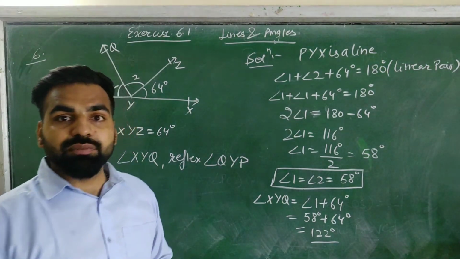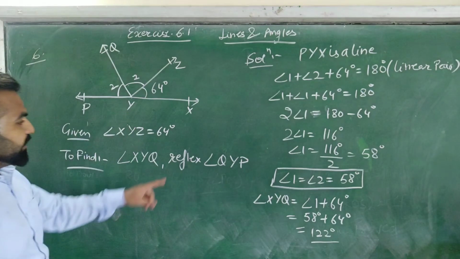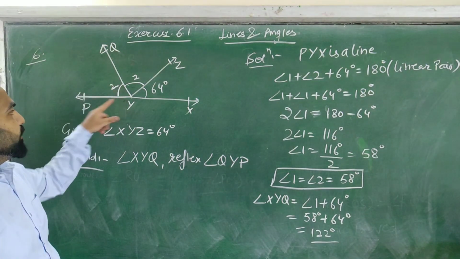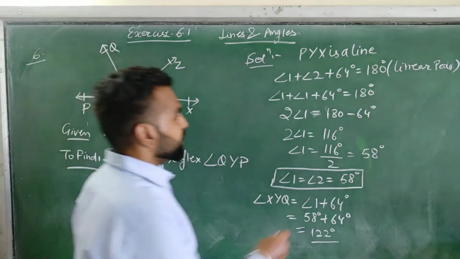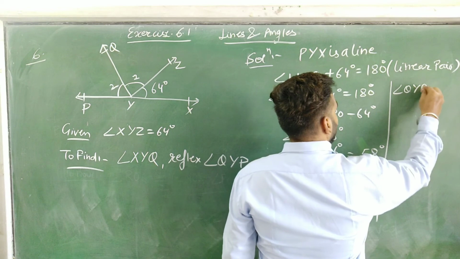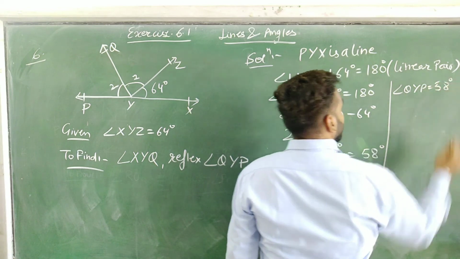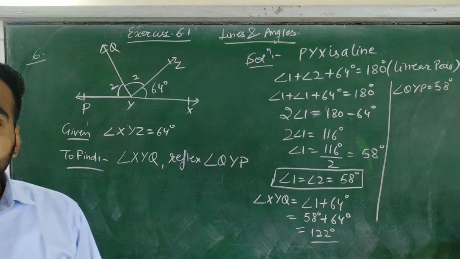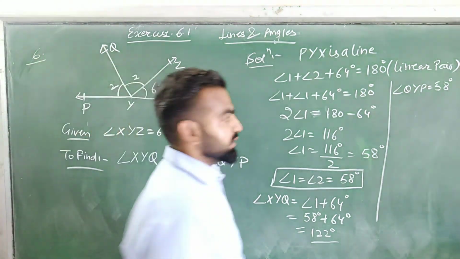And now the last part is to calculate reflex of angle QYP. And what is angle QYP? Angle QYP is equal to 58 degree. And how to calculate the reflex of any angle? We have to subtract this angle from 360.